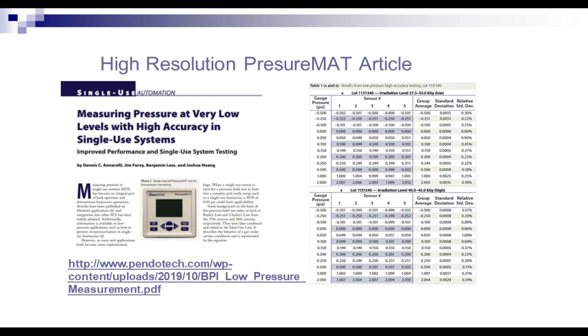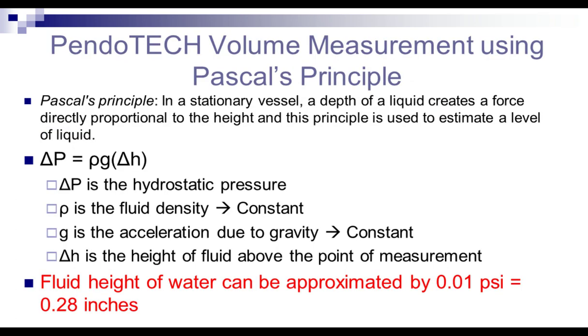The formula that was listed there was used: 0.1 psi equals 2.768 inches of water, and this is only able to be resolved when you have 3 decimal places. You can resolve it all the way down. The data is shown on the right side, one of the pieces of data. There are several charts in there that display the level of accuracy using the high resolution pressure mat.